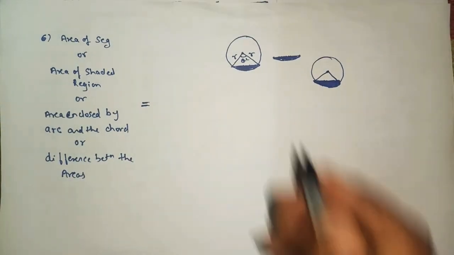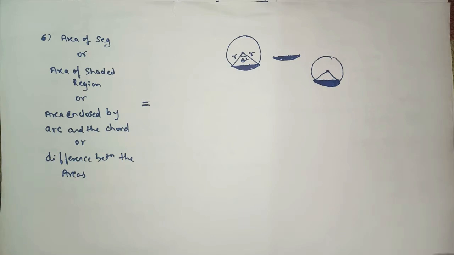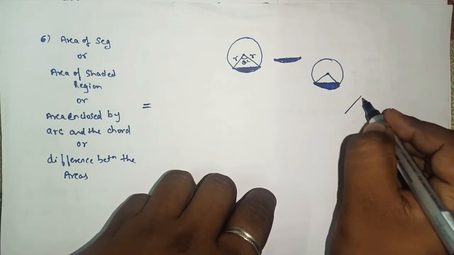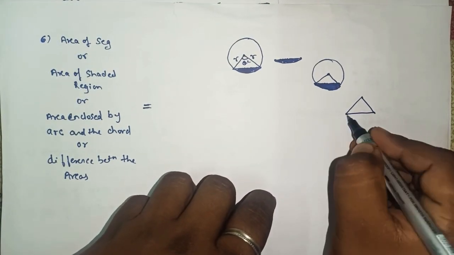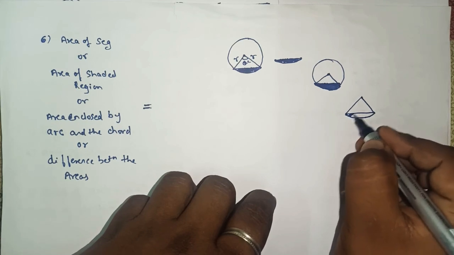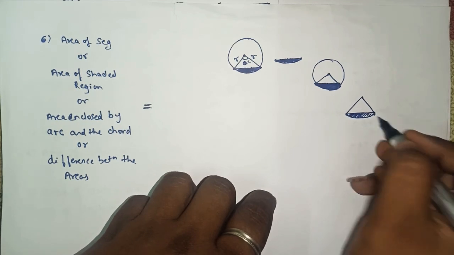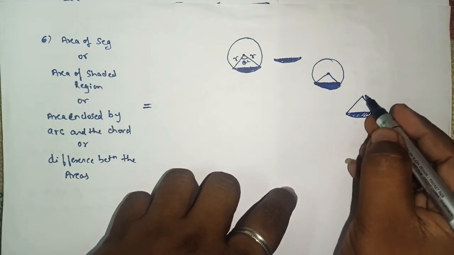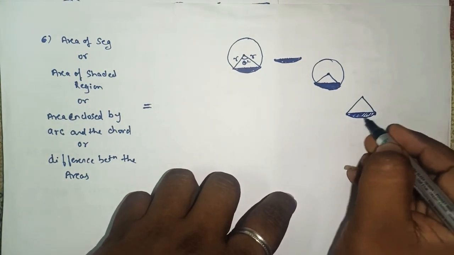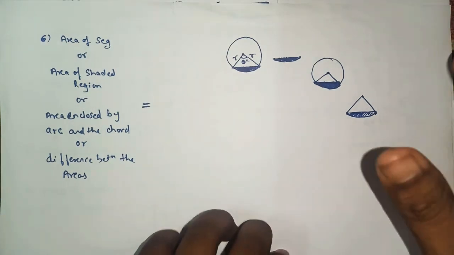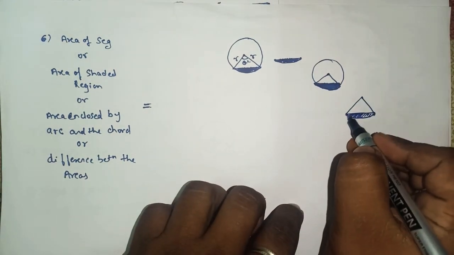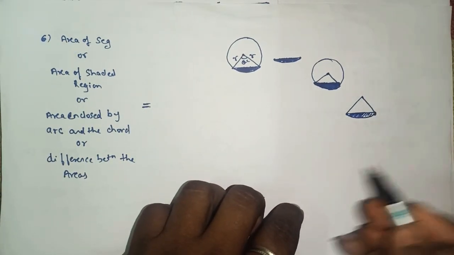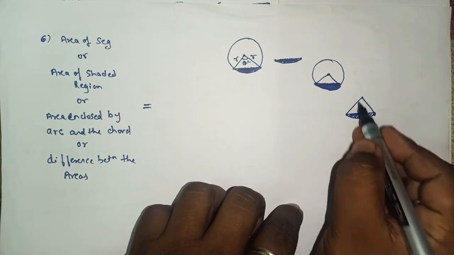If you want to find this shaded region, remember this. Now we'll see how to frame the formula. As we know, this part is the area of sector, this is the area of segment, and this is the area of triangle.